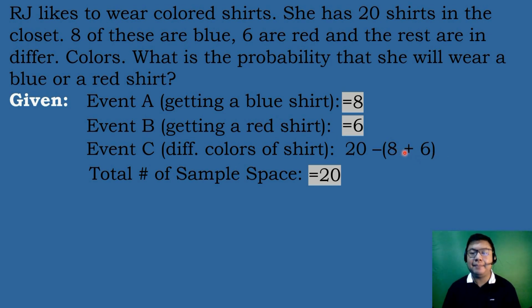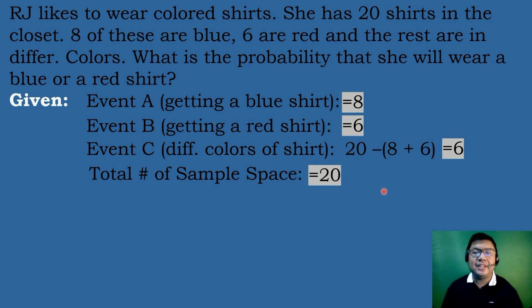So we have 8 plus 6, which is equal to 14, then 20 minus 14 will be equal to 6. So therefore, event outcomes of C, which is getting different colors of shirts, is equal to 6. And then the total number of sample space is equal to 20, which is already given.